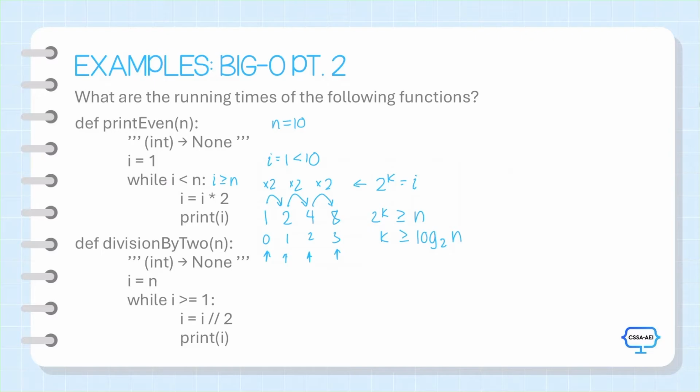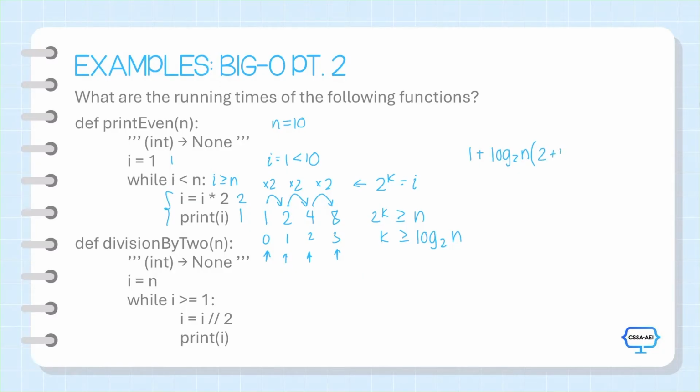So k is the number of times we can double i before we reach the stopping condition, which is when i is greater than or equal to n. So if this is 1 operation and this is 2 operations, to do i times 2 and assign it, and this is 1 operation, we would have 1 plus log base 2 of n times, remember this is inside the loop, so it's getting repeated log n times.